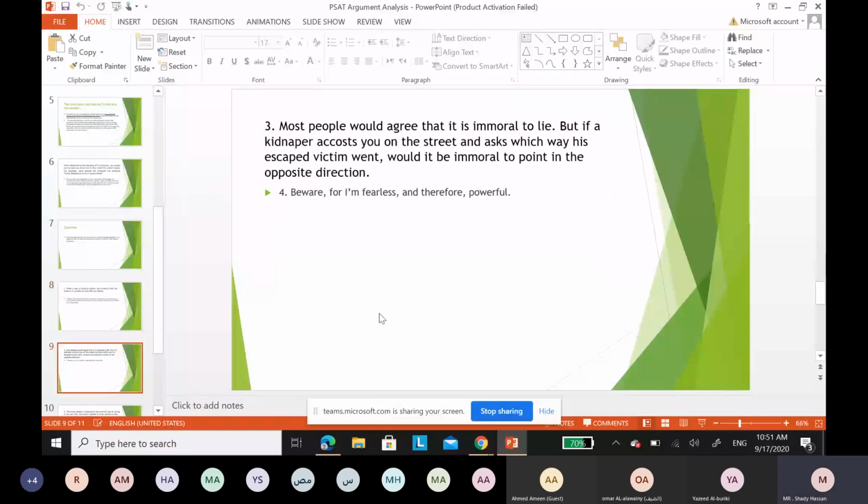Next sentence. Most people would agree that it's immoral to lie. But if a kidnapper accosts you on the street and asks you which way his escaped victim went, would it be immoral to point in the opposite direction?